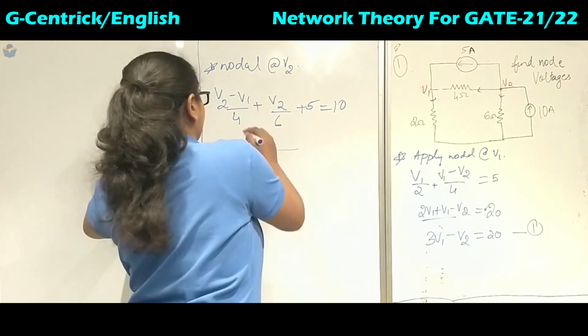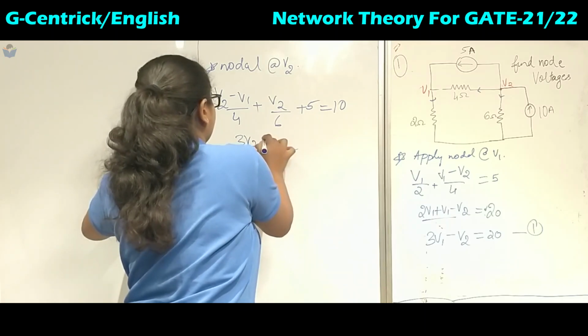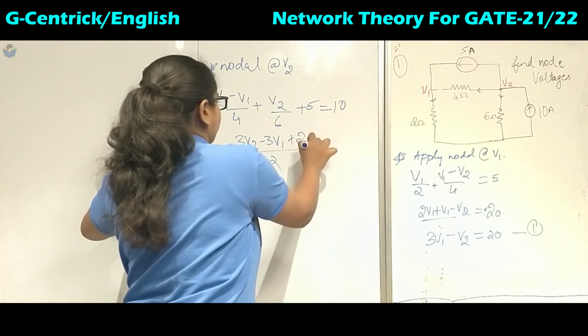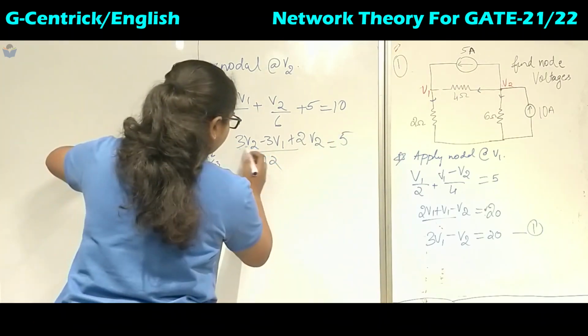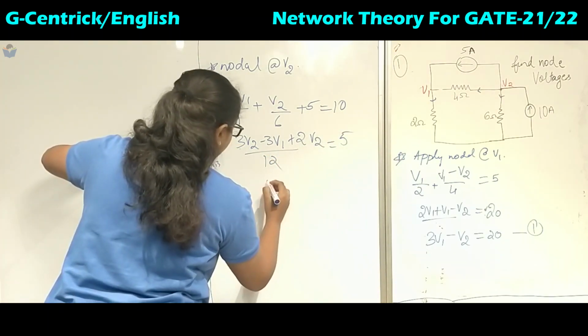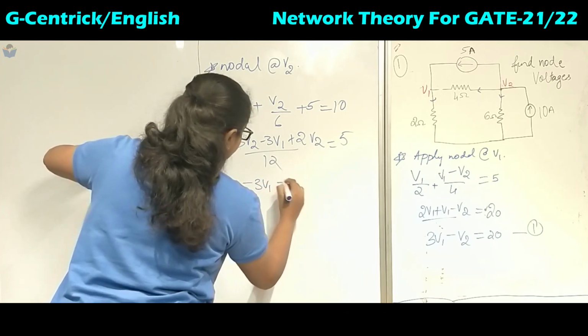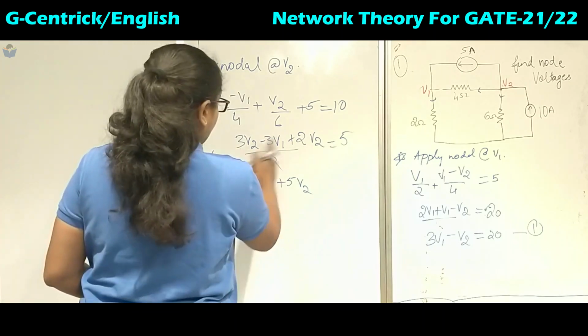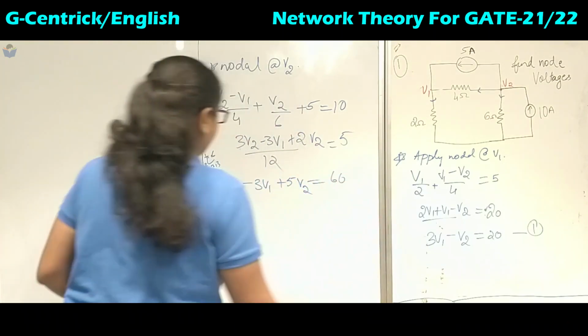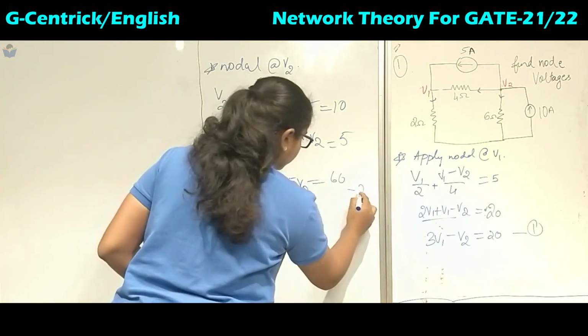Okay, so the LCM is 12. 3V2 minus 3V1 plus 2V2 is equal to 5. Okay, so now this 3V2 and this 2V2 is nothing but 5V2. Okay, so this is 5V2, yeah, and equal to 60. This is our equation number 2.